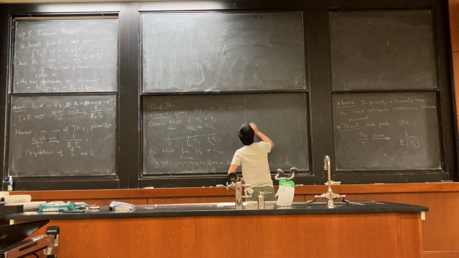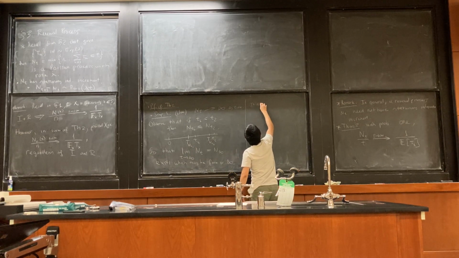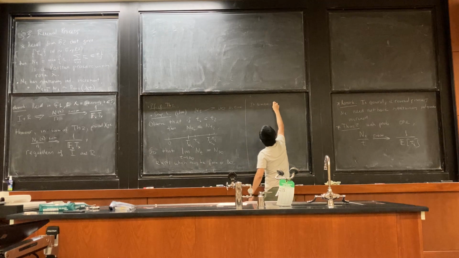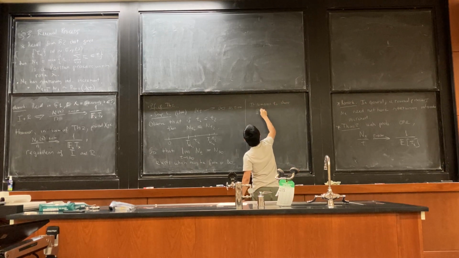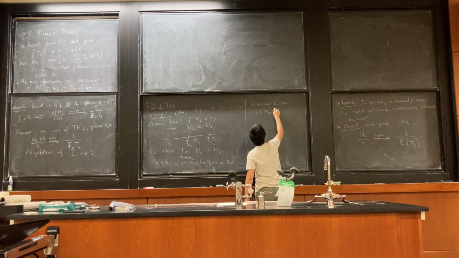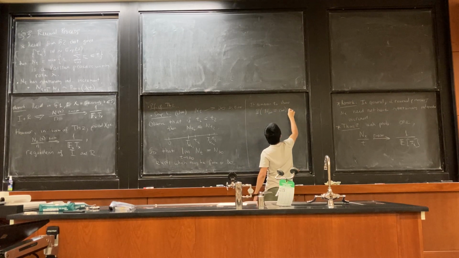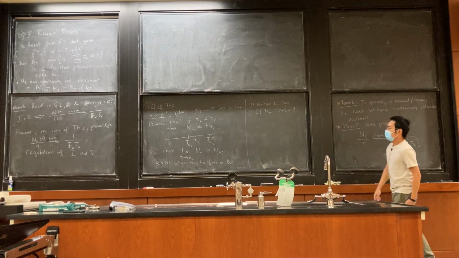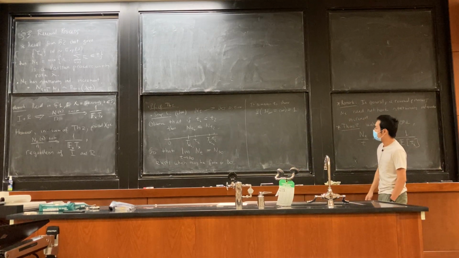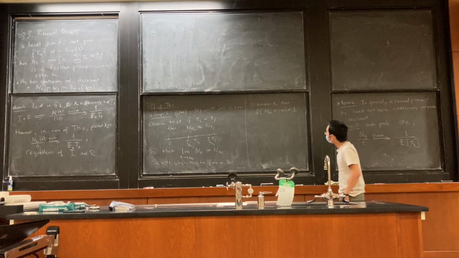So it remains to show the probability of this limit being infinity is 1. Alright, so it remains to show this, that I'm done with step number 1.